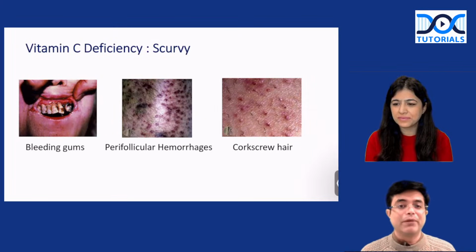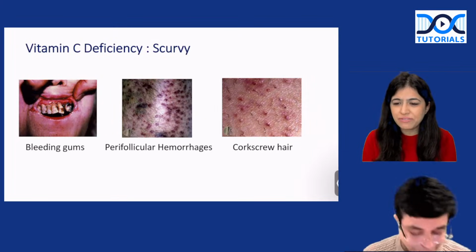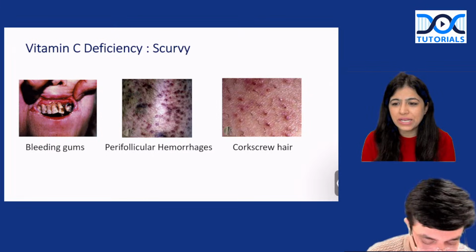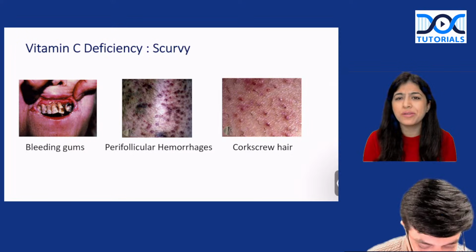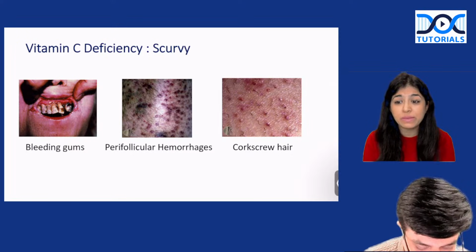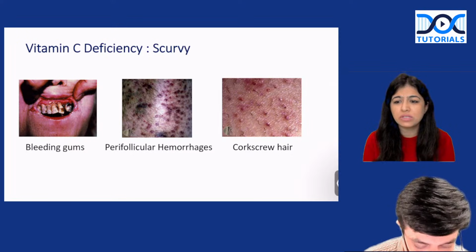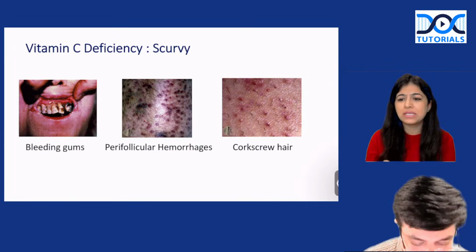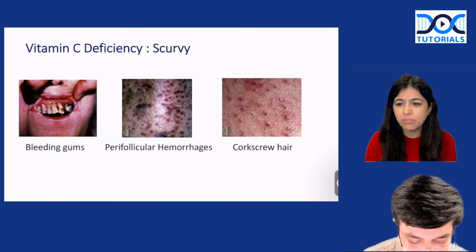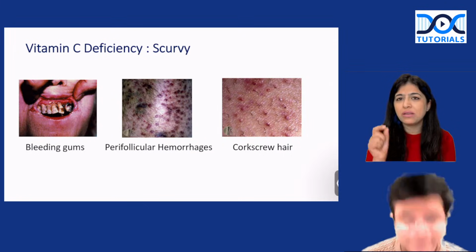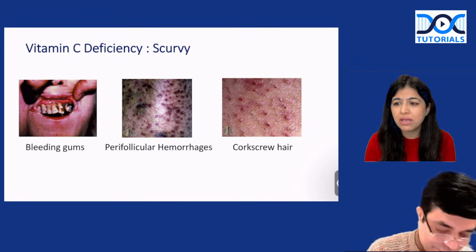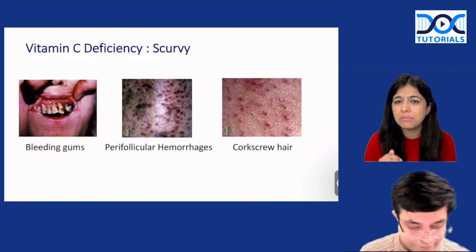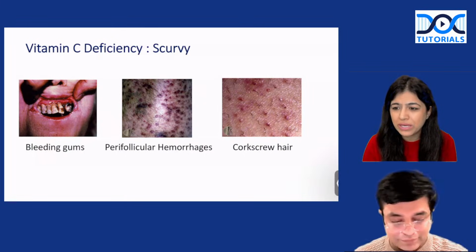Ma'am, please take over. So vitamin C deficiency, clinically, as well as the most common presentations that you see, are bleeding gums. They can sometimes be bleeding into the joints as well, which can present as arthralgia, but it is this bleeding which is a very important symptom. Then this bleeding, apart from gums and joints, can also happen around the hair, which will manifest as perifollicular hemorrhages.